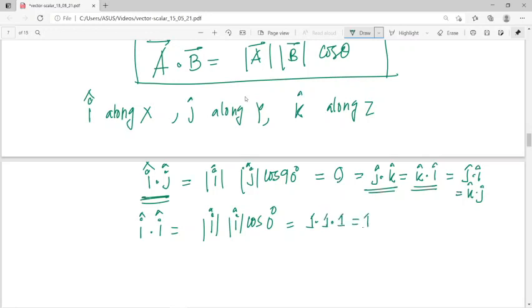So the result is 1. Similarly, j cap dot j cap and k cap dot k cap equal 1. Is it clear?